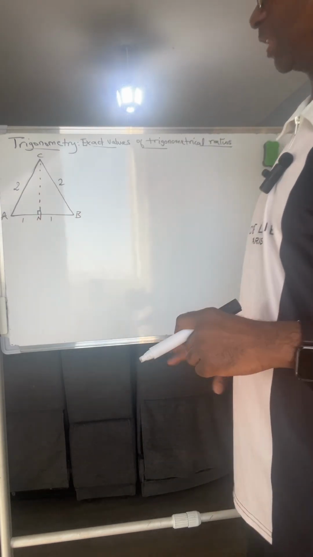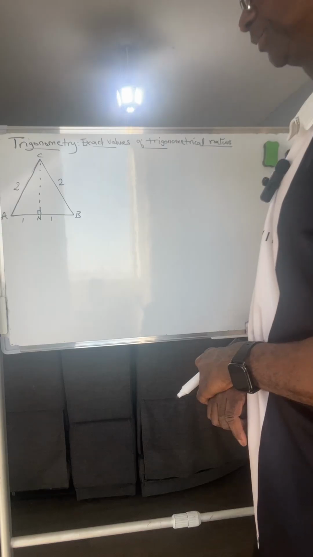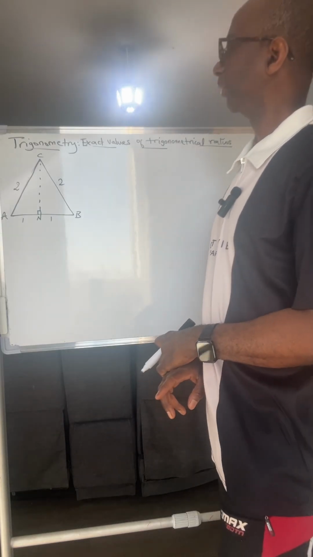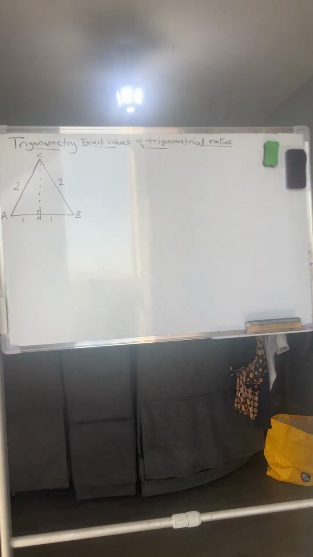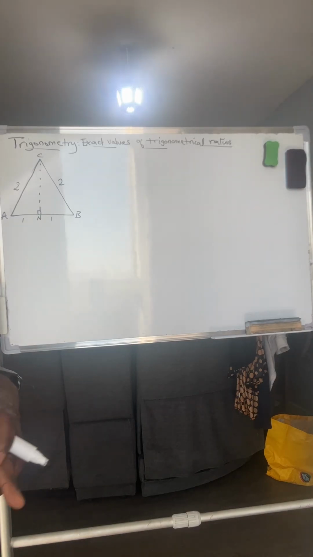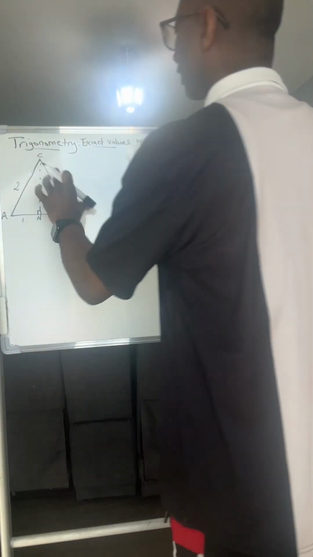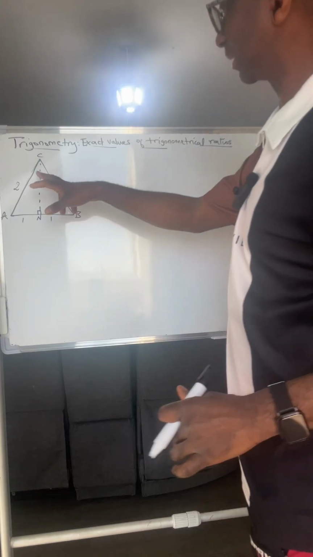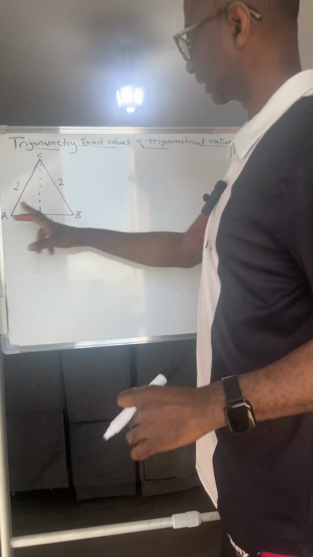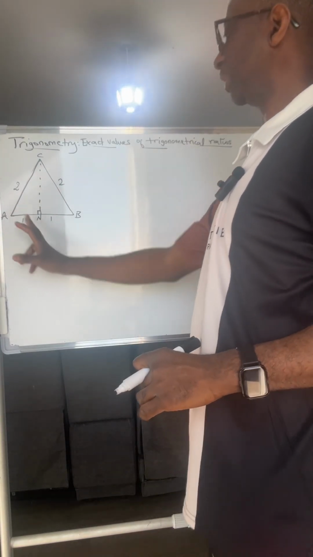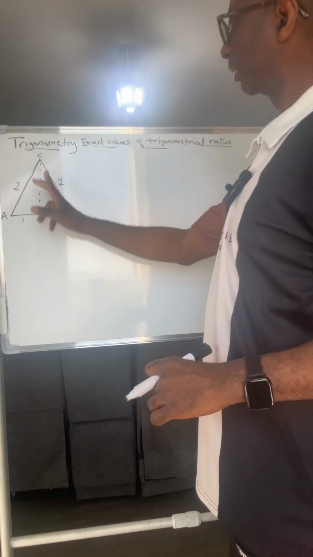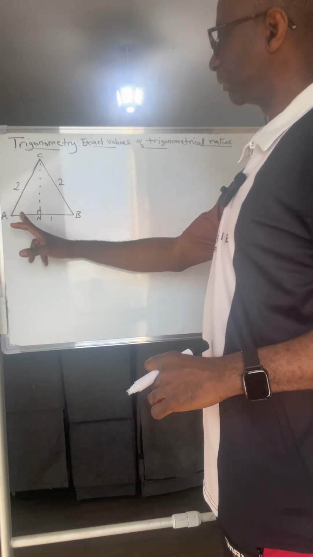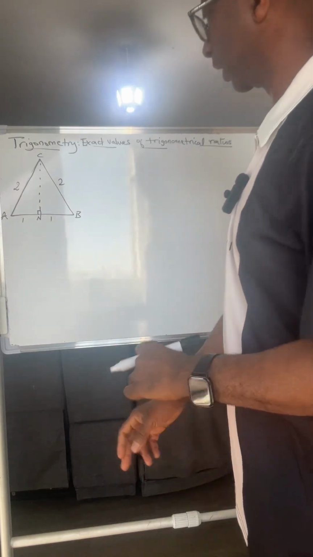So this is a triangle. And mind you, the sum of the angles in a triangle always make up 180 degrees. And if all these sides are equal, it means the angles at the corners where these sides intersect are all equal. The angle you have here is the same as the one here, the same as the one you have here.